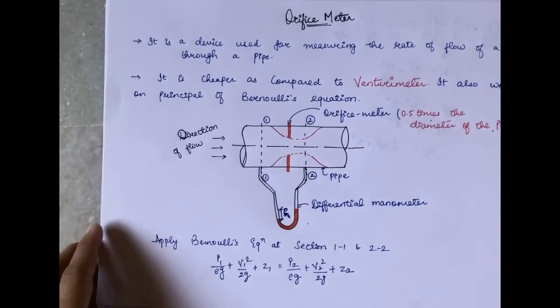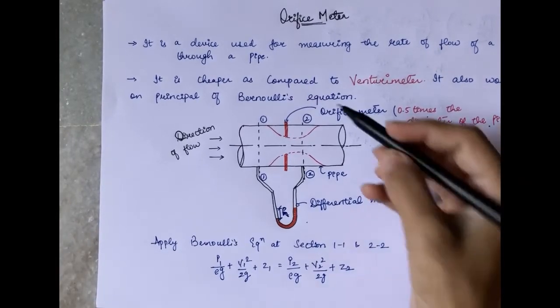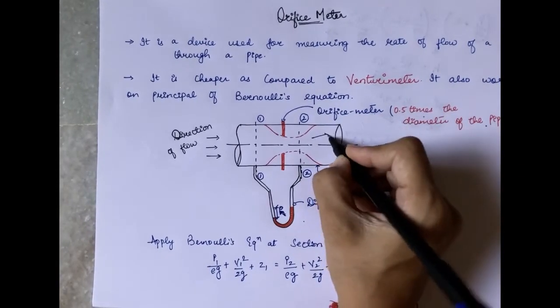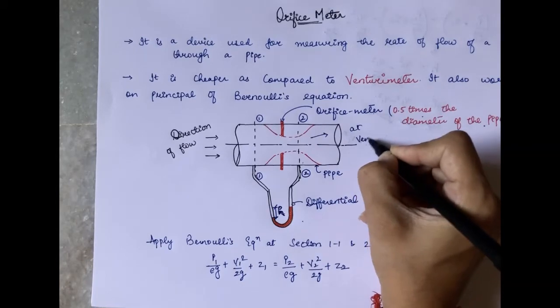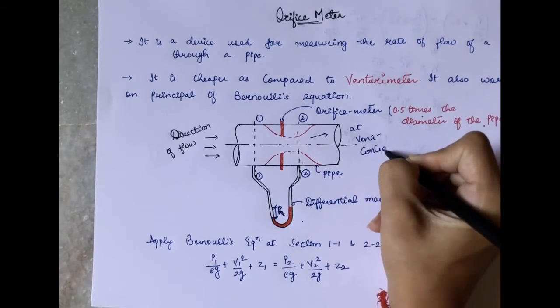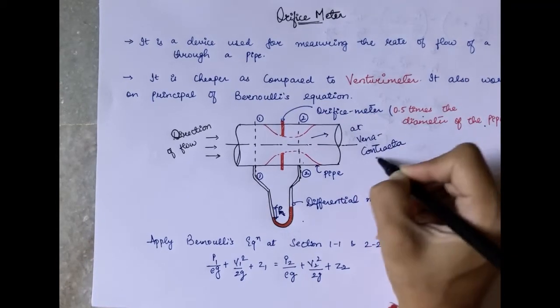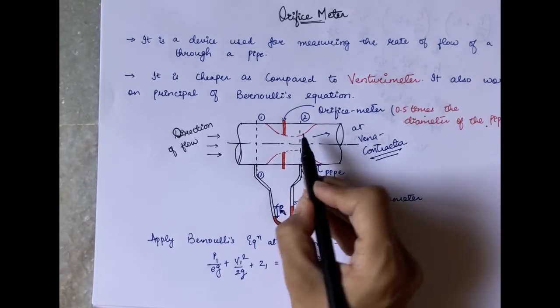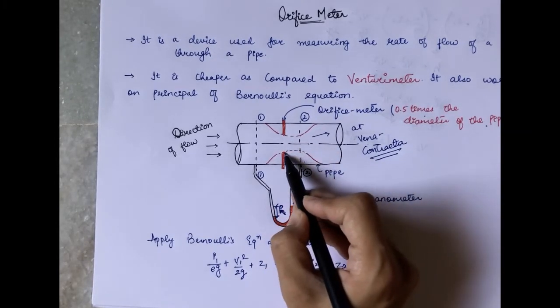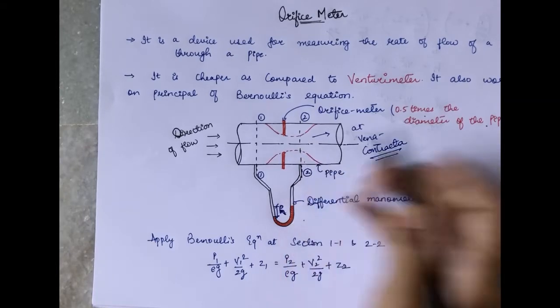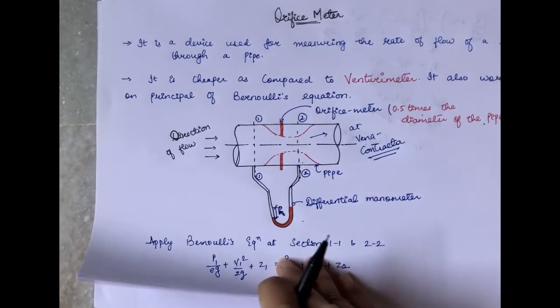Now, from the figure, you can see that section 2 is at the vena contracta. The vena contracta is a place where the diameter of the outcoming fluid is minimum.